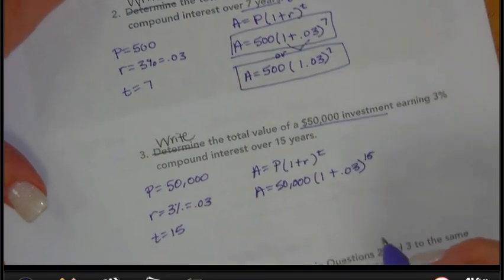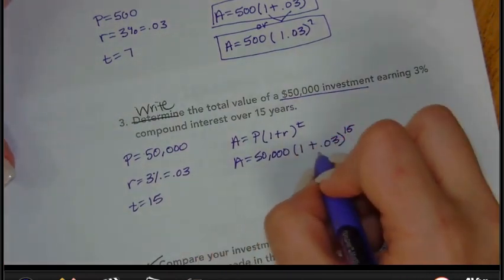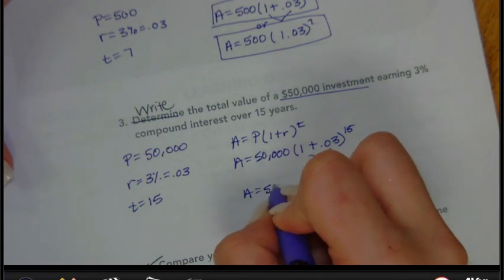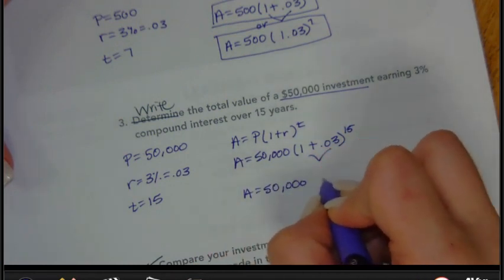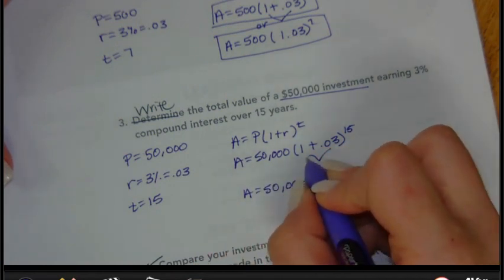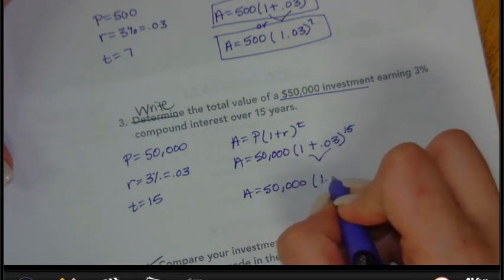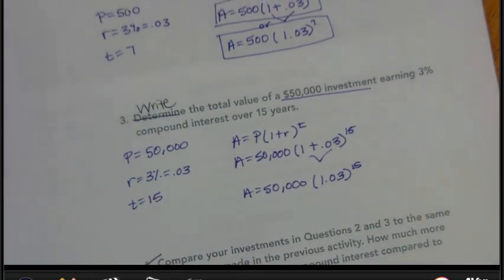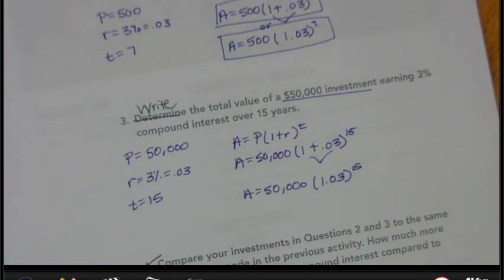Make sure that 15 is up in the little top right-hand corner. Let's combine these two numbers so that we have an example of each. A is equal to 50,000 times 1.03 to the 15th power. If you have any questions on those, please let us know.